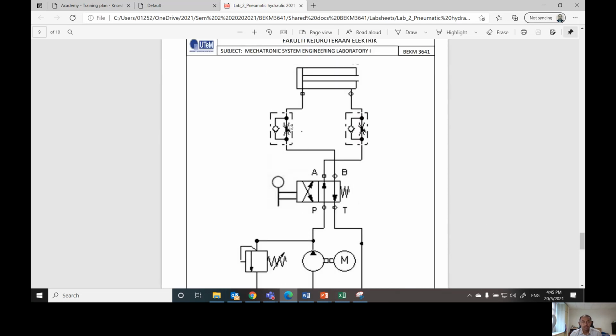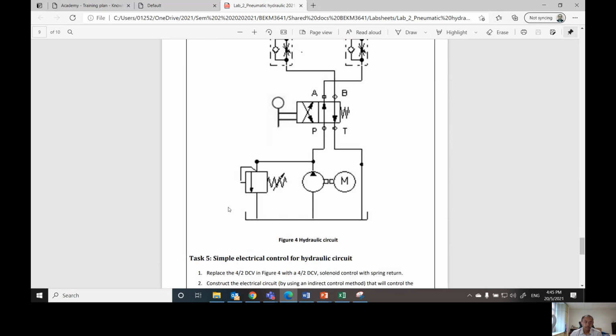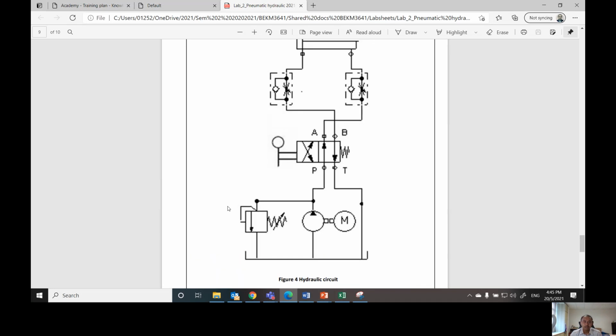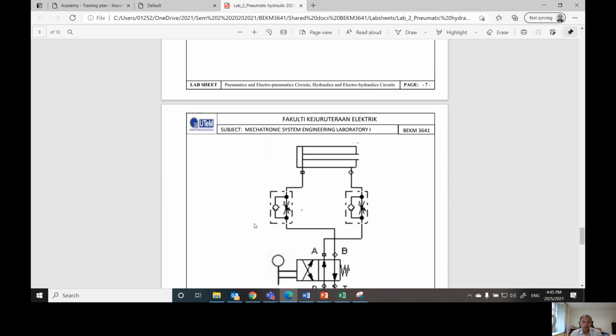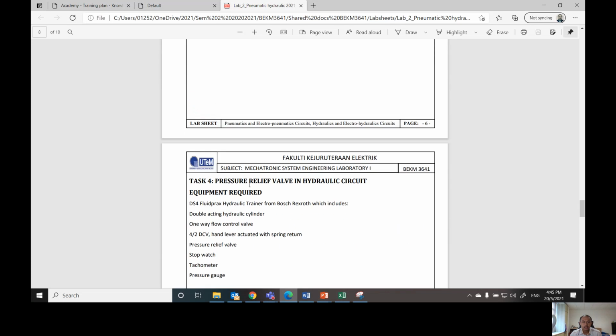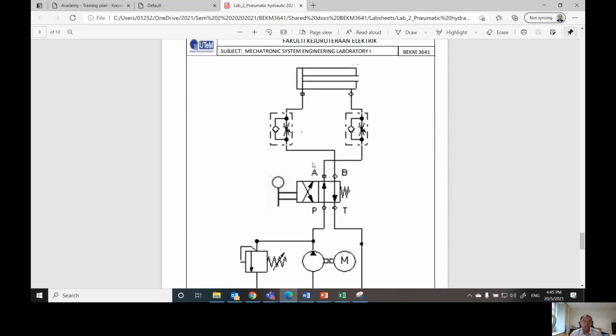So you have both connected to the blind end and also to the rod end. But in this experiment, you never adjust the opening here because you are actually testing the pressure relief valve. But actually you have used both. If you try to adjust the setting, you can have meter in for extension and also meter in during retraction.